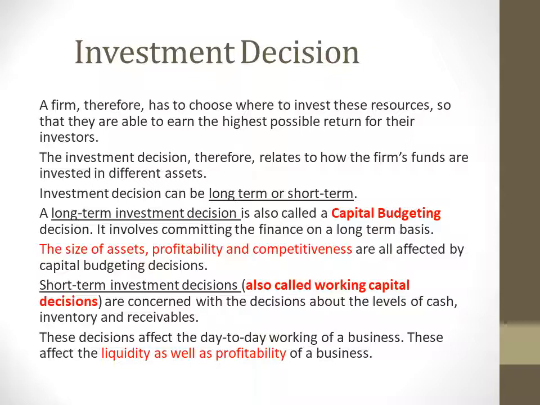So this is one of the most important decisions, and long-term investment decisions or capital budgeting decisions will definitely affect the size of assets, profitability, and competitiveness. You can get this question: name the decision which is going to affect the size of assets, profitability, and competitiveness.